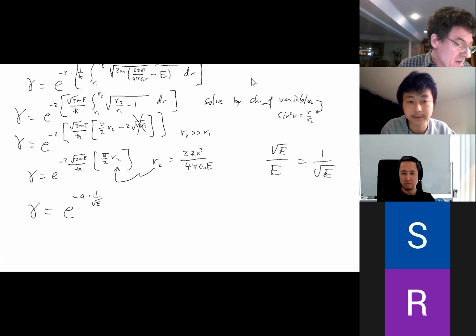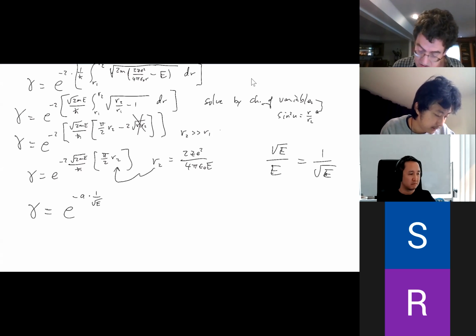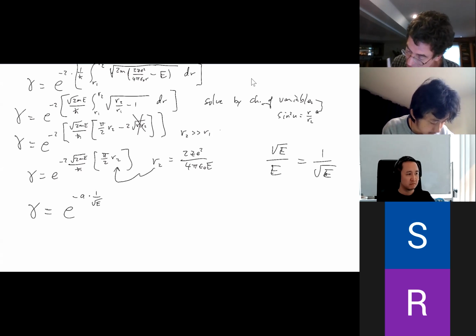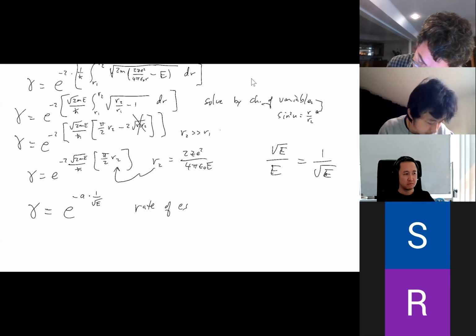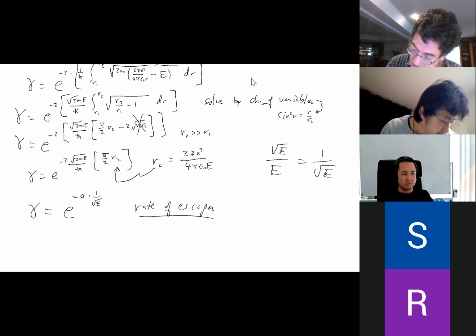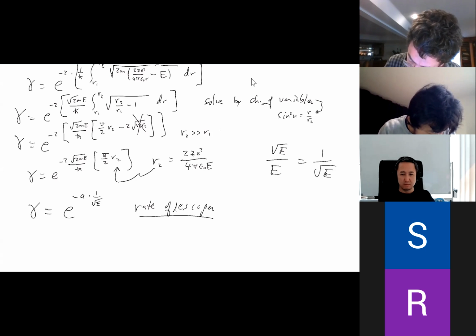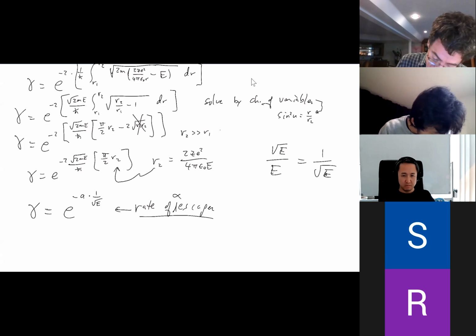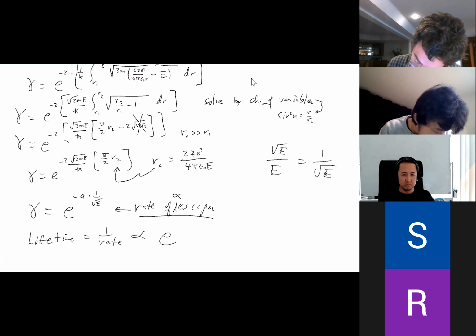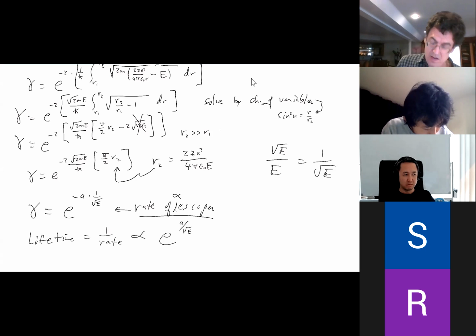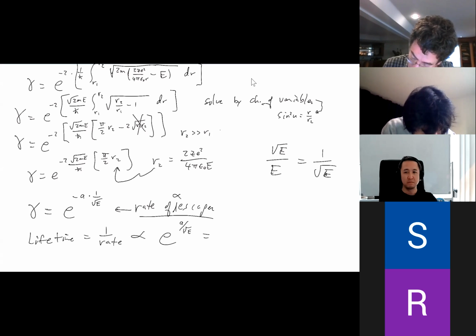And so this is the rate of alpha escapes, and so then the lifetime is equal to 1 over the rate, which is proportional to e to the a over square root of E. Okay, and I'll call that tau, the lifetime.